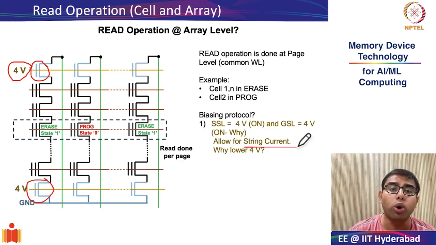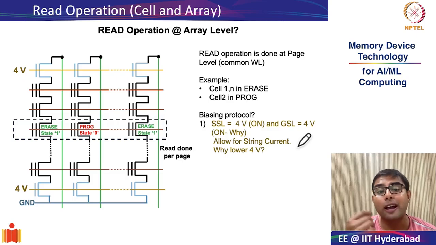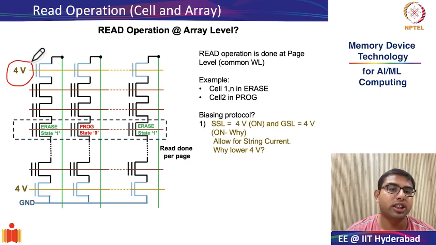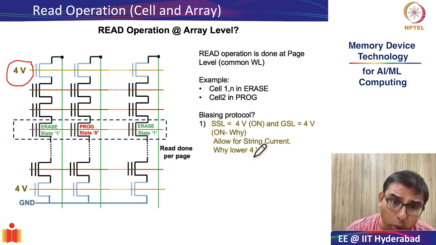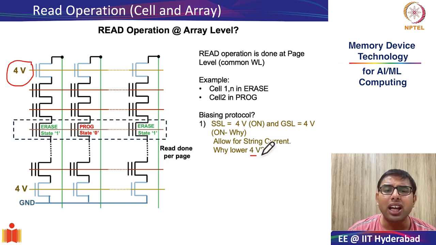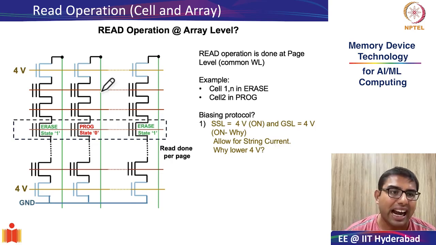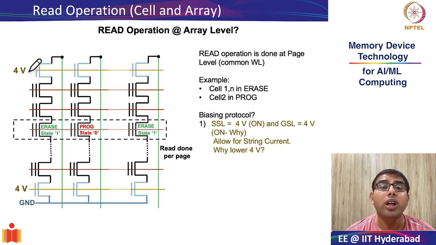Another important thing to notice: in program state, the magnitude of the voltage that was applied at the GSL and SSL was significantly larger. However, in this case, you are applying a tiny voltage of 4 volts only. So a question could be, why are you applying a lower bias at the gate terminal when we do the read operation?